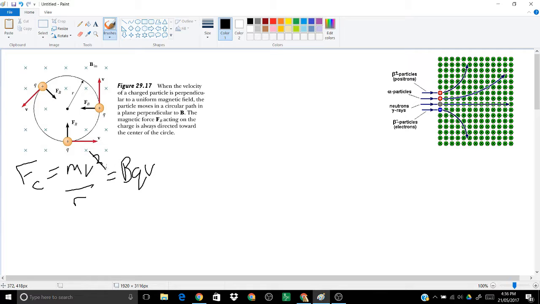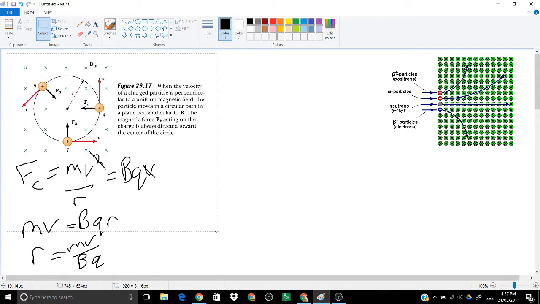I can cancel one of those V's, and then I can rearrange this formula. I can move that r across. I'm going to write this m v equals B Q r, and then I've got r equals m v on B Q. Now that's the key formula for motion of charged particles in magnetic fields. So let's just strip that away.